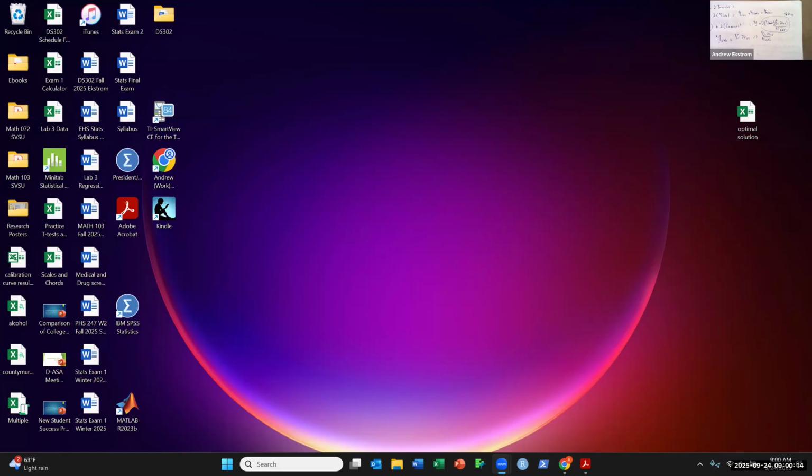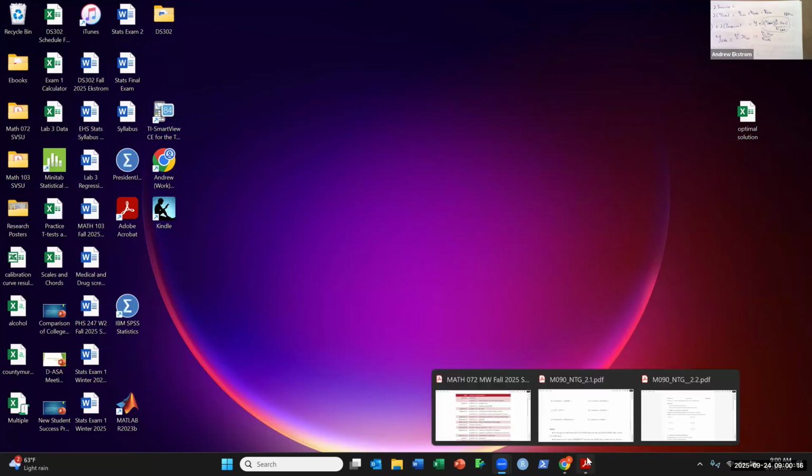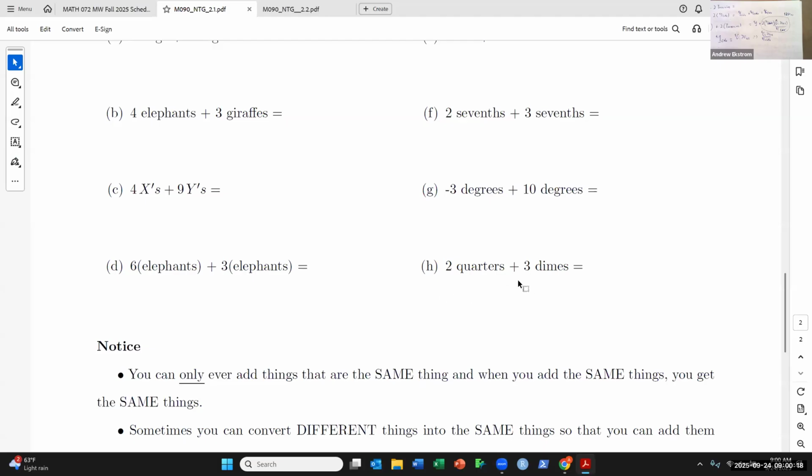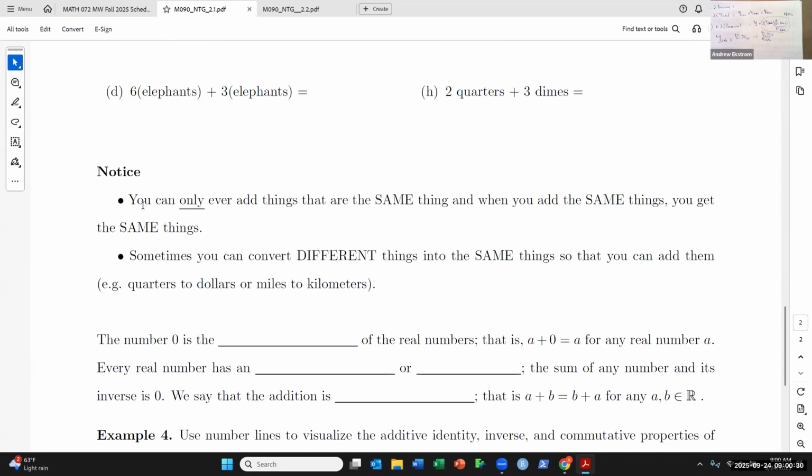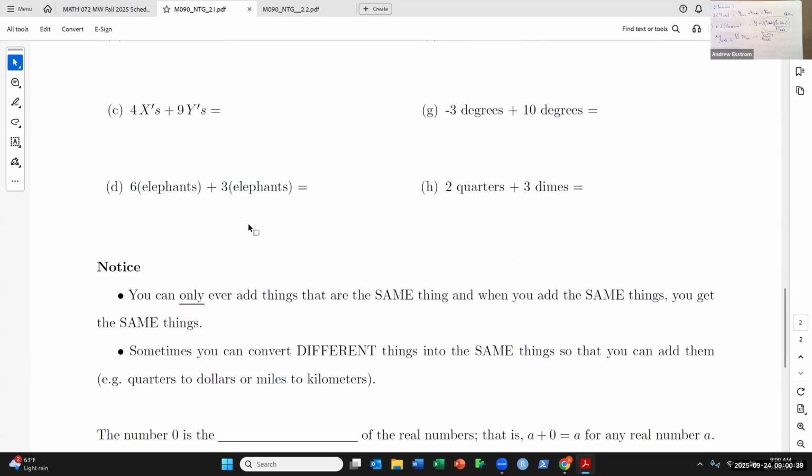So again, with some of these problems, you have to be able to look at them and recognize that there might be some other unit that we can convert them to. If we can, then we need to do that. So it says here you can only ever add things that are the same thing. And when you add the same things, you get the same thing.